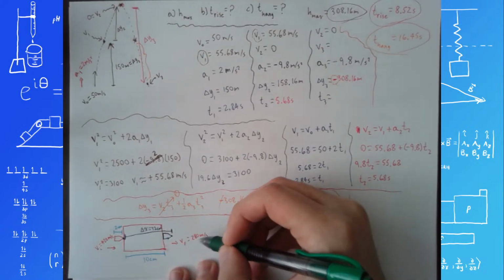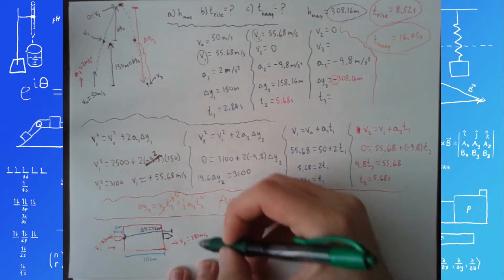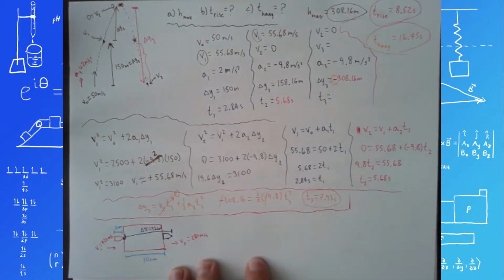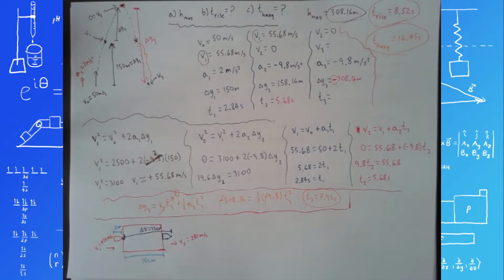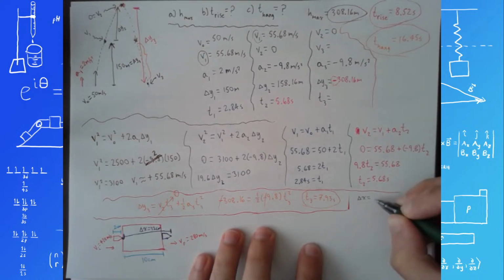I've got meters per second and meters per second, and my displacement is in centimeters. I say convert displacement from centimeters to meters rather than converting both of my velocities to centimeters. I think that would be the better play here. So I'm going to say delta x equals 12 centimeters.